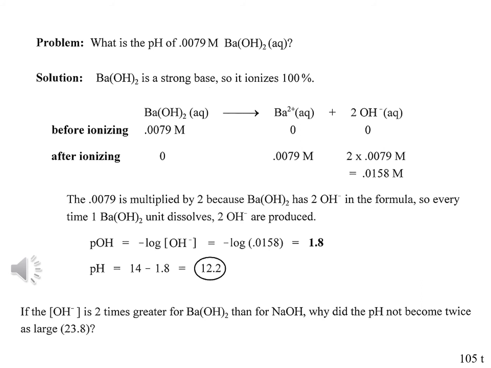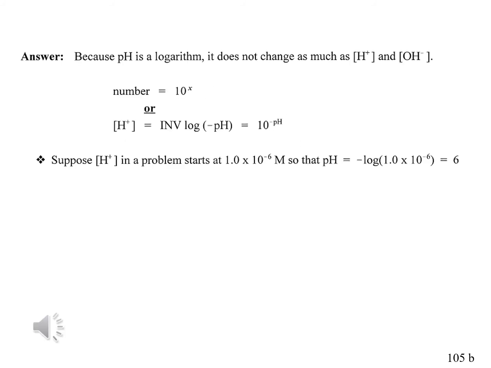Well, you can't do that because pH is a log, and logs do not work the way normal numbers do. We talked about the fact that the exponent in the equation 10 to the power is actually the log.